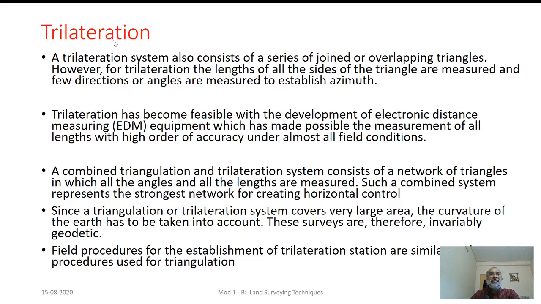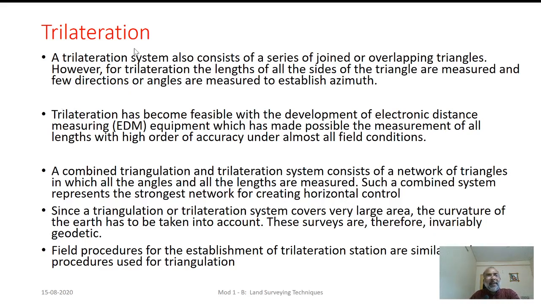In trilateration, we make use of one angle and three sides in order to compute the data related to the series of network of triangles. So, triangulation and trilateration systems consist of networks of triangles in which all the angles and lengths are measured. Such a combined system represents the strongest network for creating horizontal control.